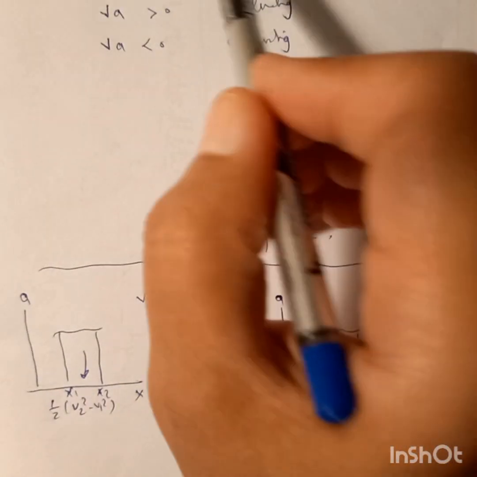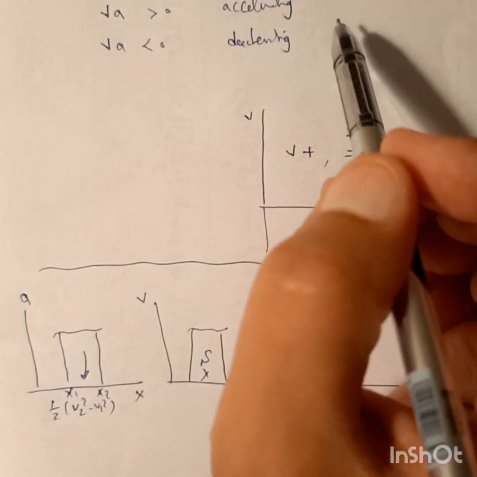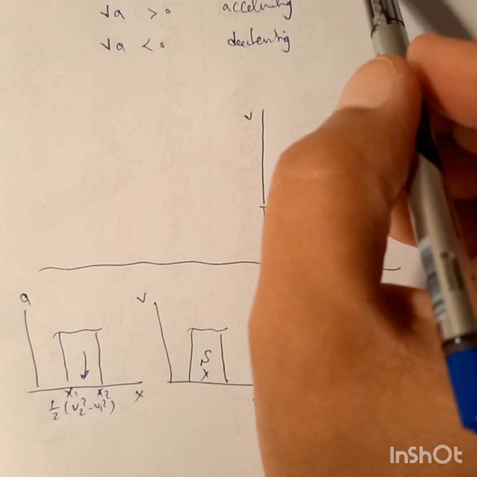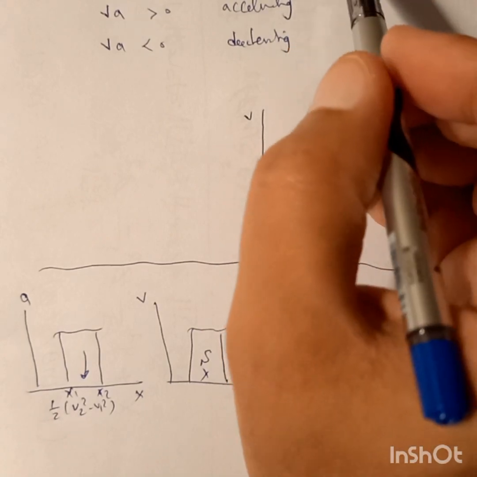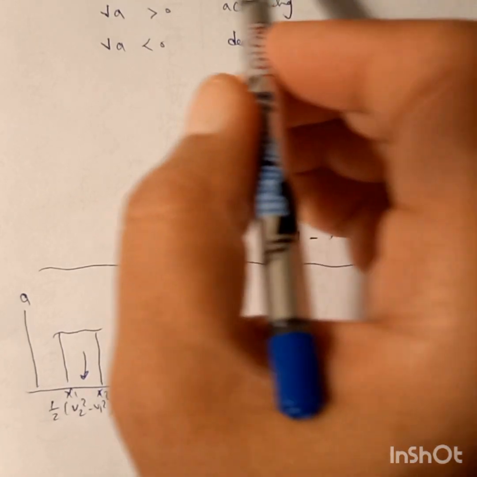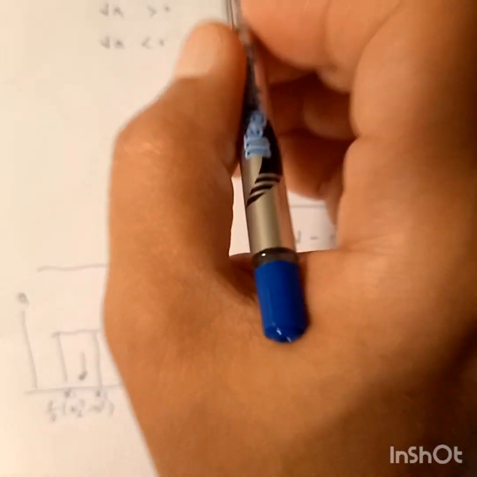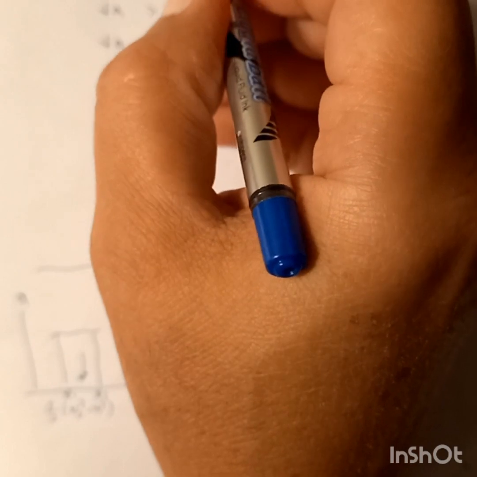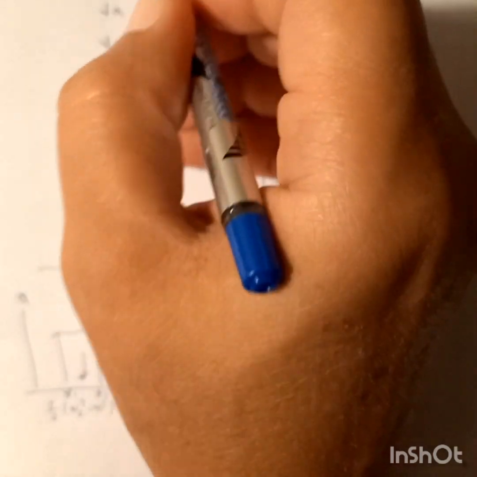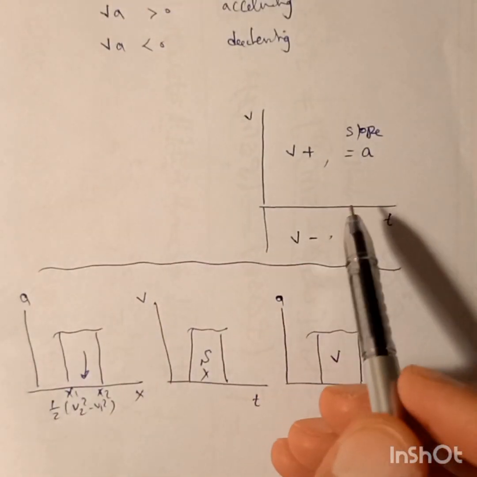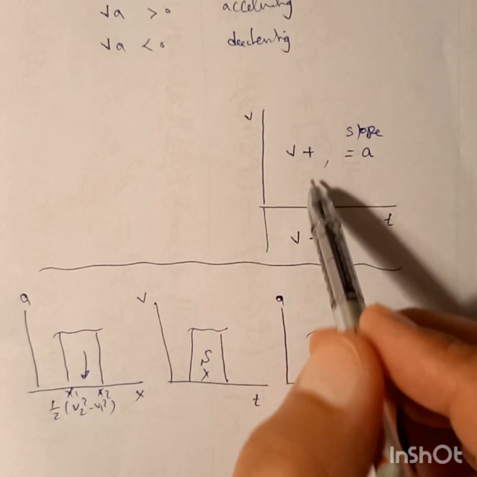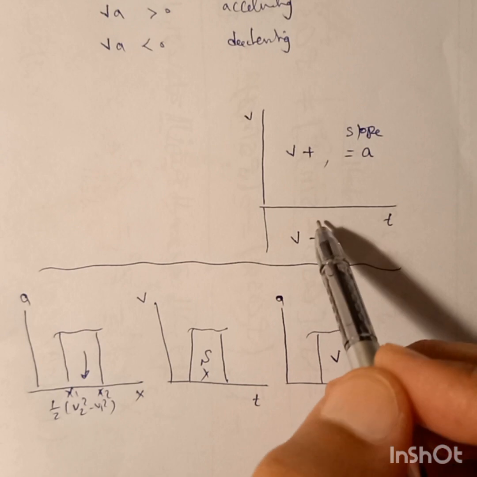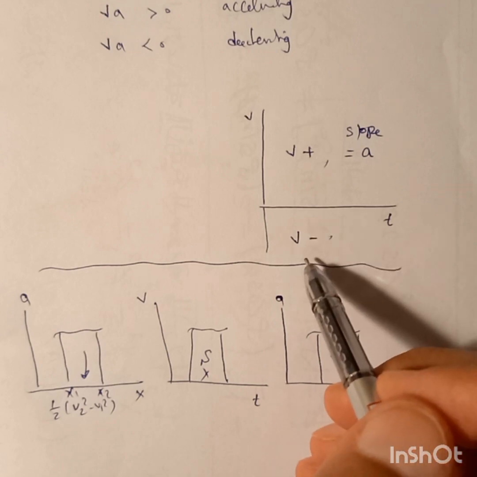Second, we have to decide which data or variable we can deduce from finding the slope of the tangent, or the direction of convexity, whether it is downwards or upwards. And we can also find the sign of the velocity, whether the curve is above the x-axis or below it.